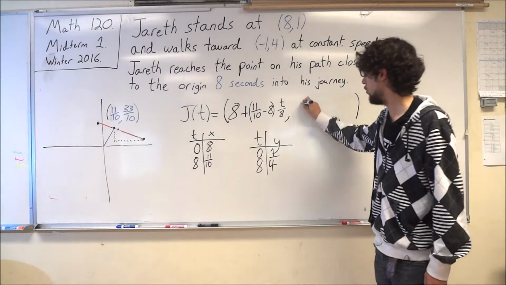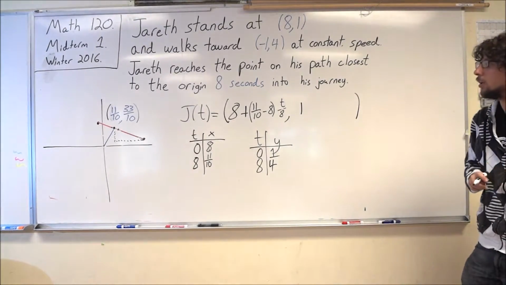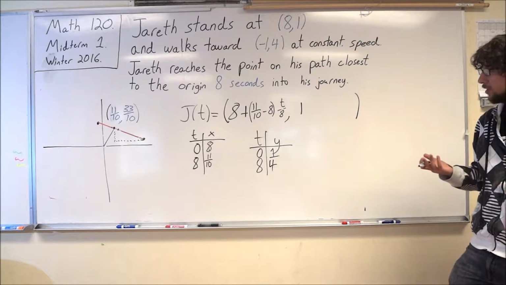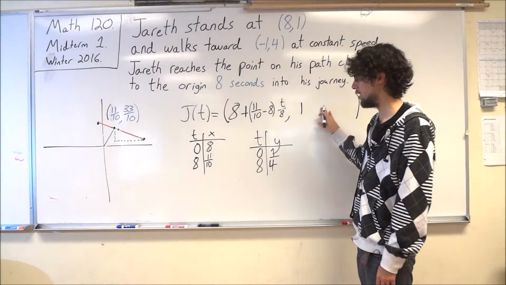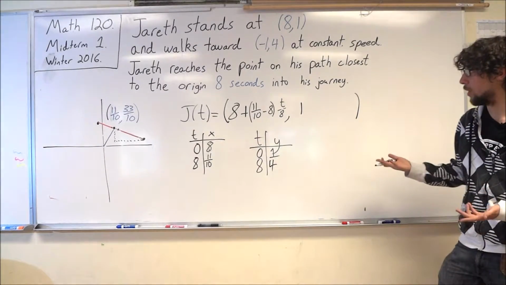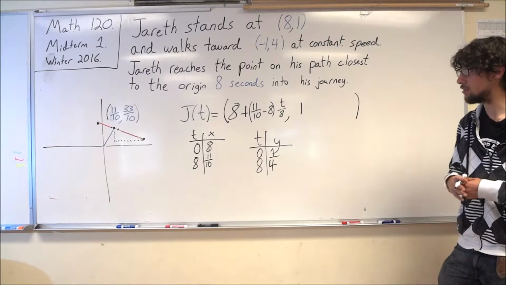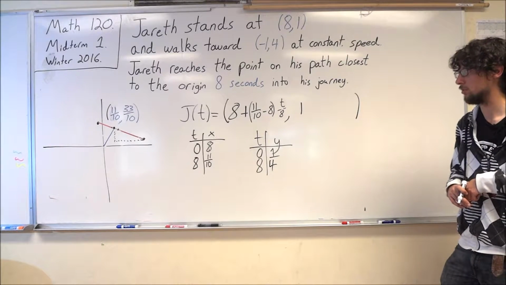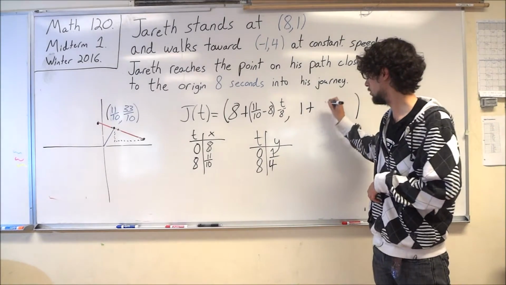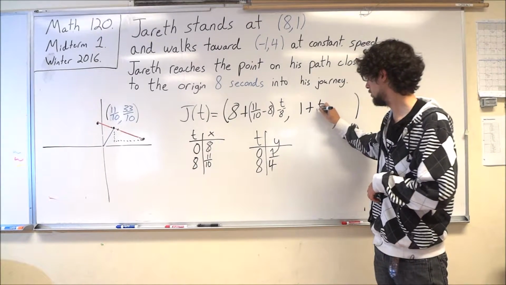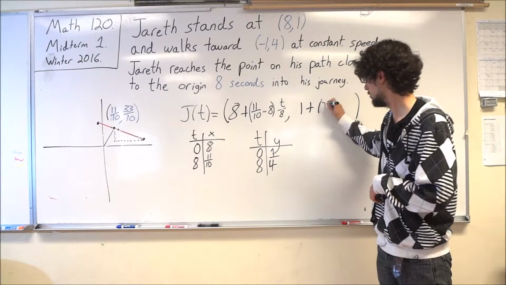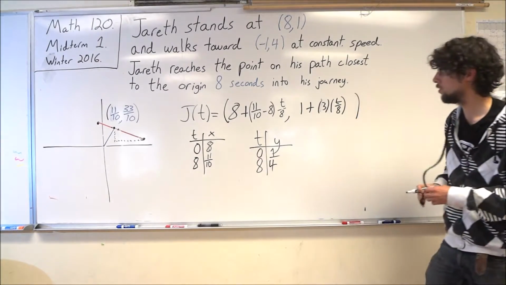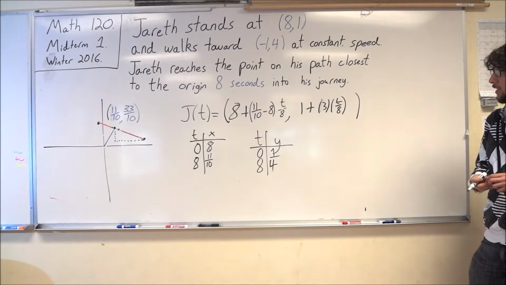Well, I can just write 1. And now what I want to do is write something here that works in such a way that when I plug in t equals 8, y increases by 3. So this will do the trick.